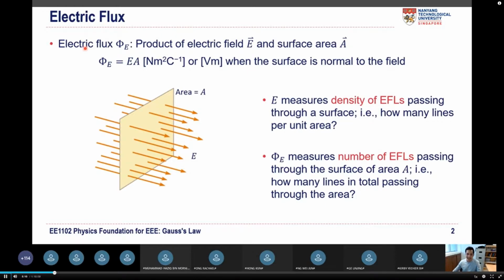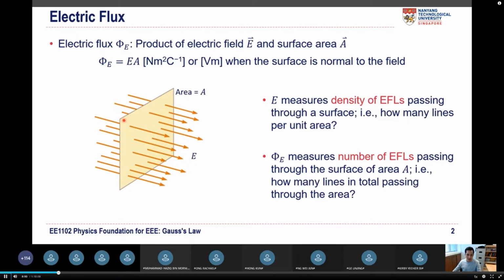Electric flux, on the other hand, is when you multiply the electric field and a certain surface area, which gives us the total number of electric field lines going through that given surface area. In this picture, these orange lines are the electric field lines, and the density of these lines represents the strength of the field.